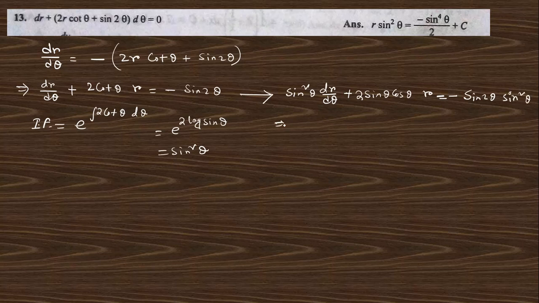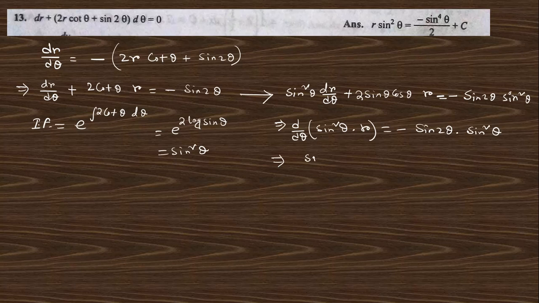Okay, so this can be written as d/d theta of (sine square theta into r), and this is minus sine 2 theta into sine square theta.